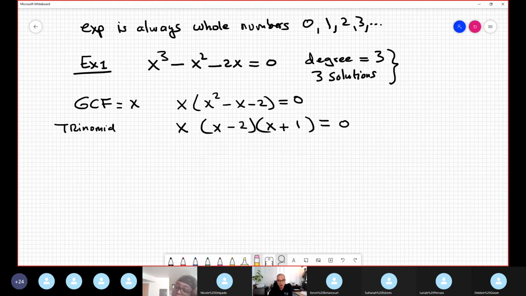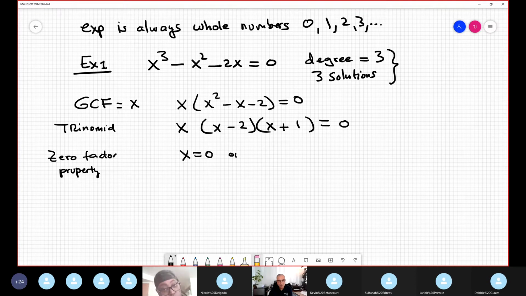Now this is an important moment. Here we apply something called the zero factor property. It means when you have several factors equal to 0, it's because the first factor is 0, or the second factor is 0, or the third factor is 0. If at least one is 0, the product is 0.